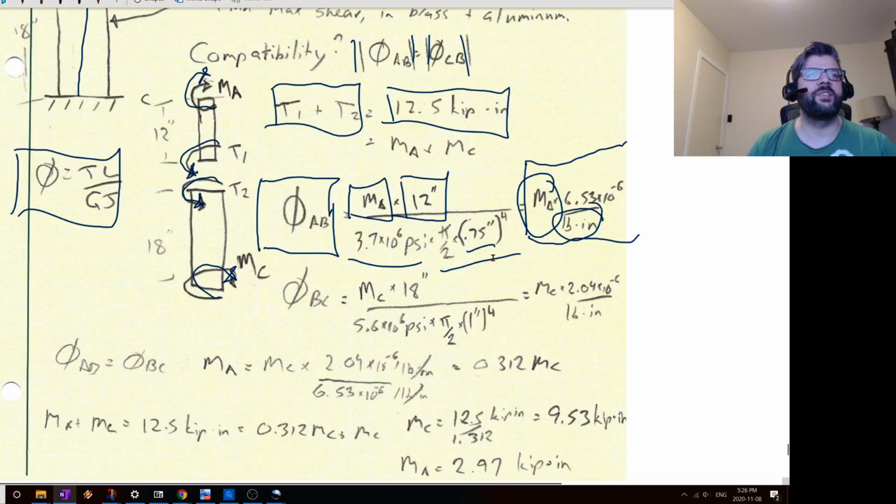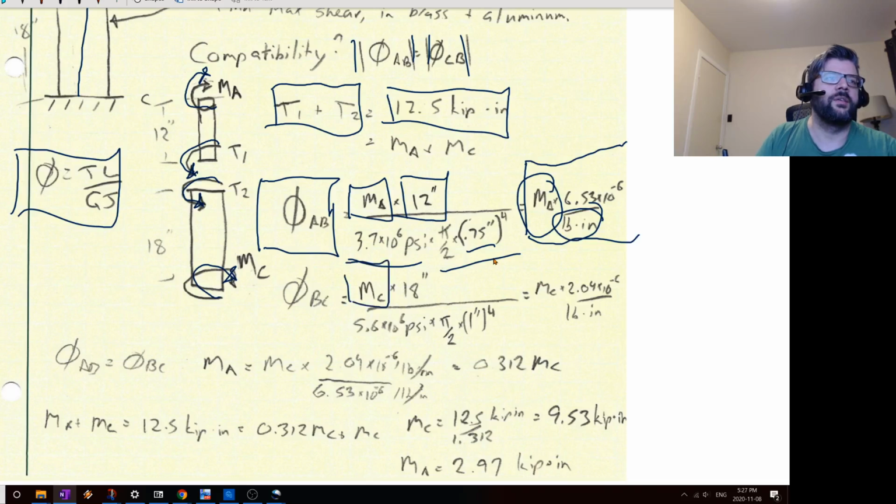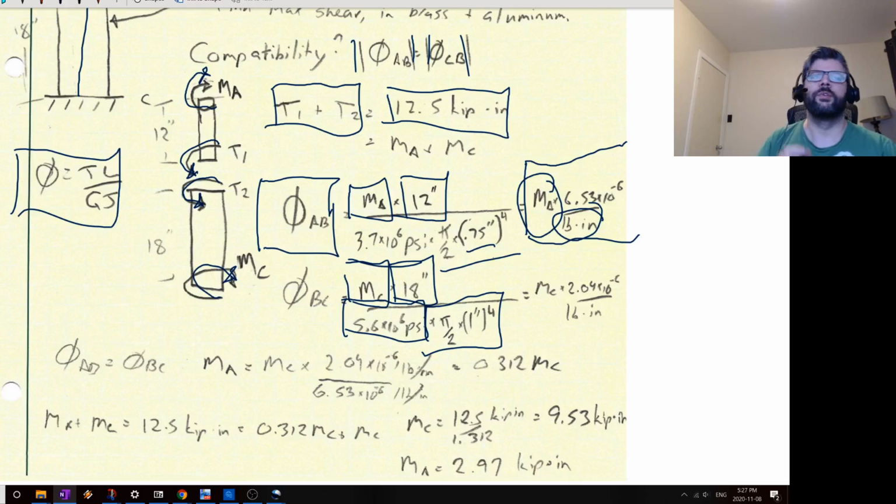And then for BC, also known as the twist in the brass, that'll be the reaction at C times our length, 18 inches, divided by the shear modulus, 5.6 times 10 to the 6 psi, and then our J, pi over 2 times 1 inch to the fourth.